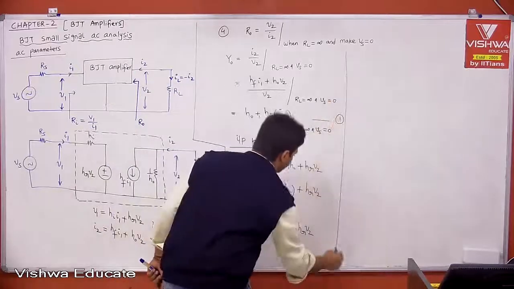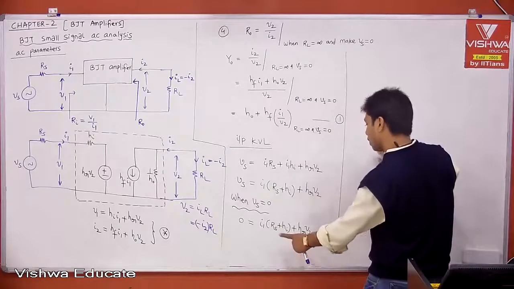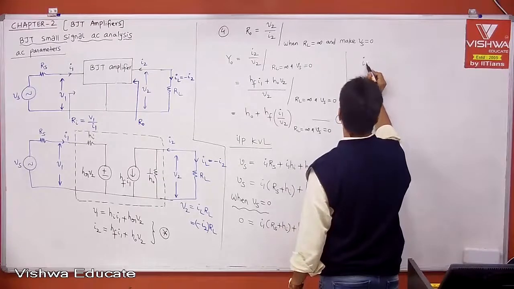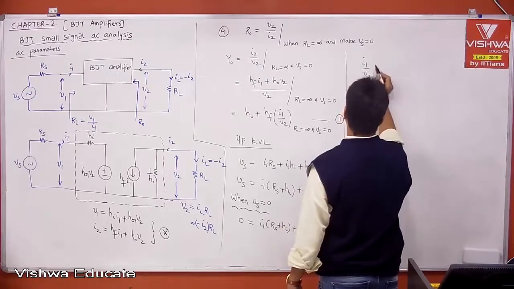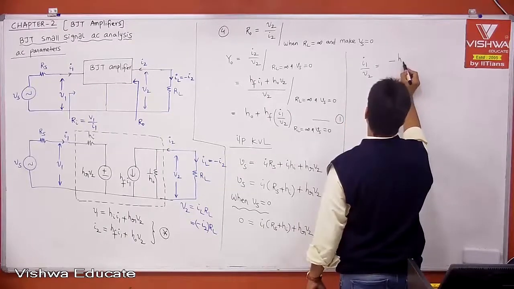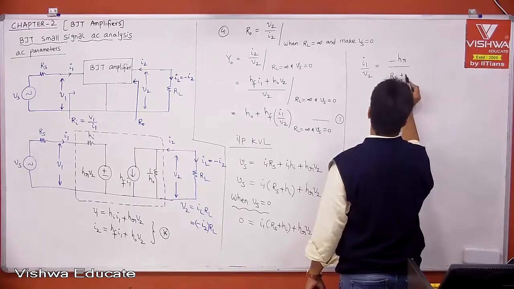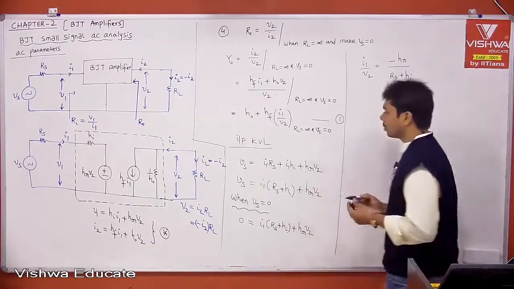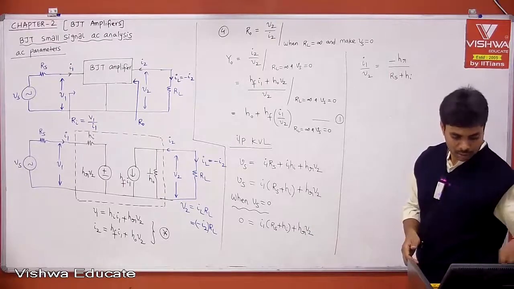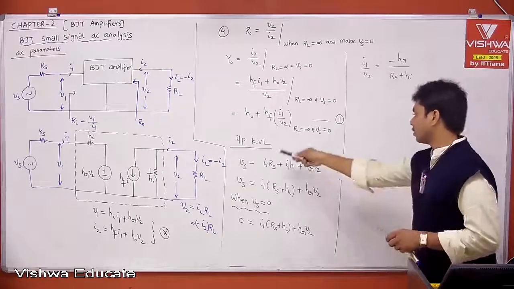Therefore, from this equation, what is I1 by V2? I1 by V2 is equal to minus HR divided by Rs plus Hi. This is what you get. Now we got I1 by V2 when Vs is 0, right?